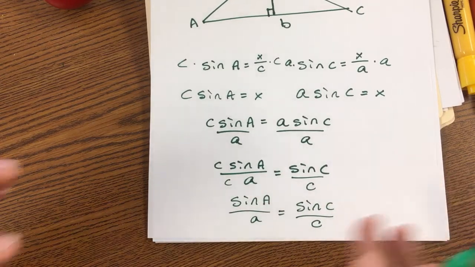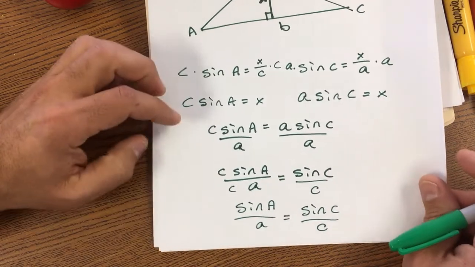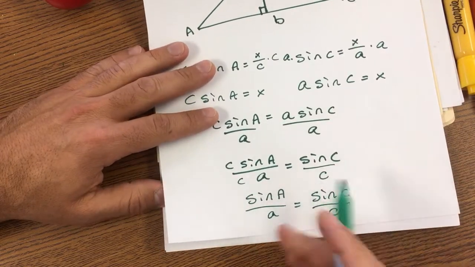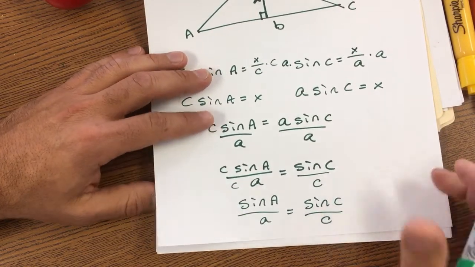It's a little bit weird because we're not dealing with right triangles when we're doing this. And this rule makes it very simple for us to find the pieces that we don't have.